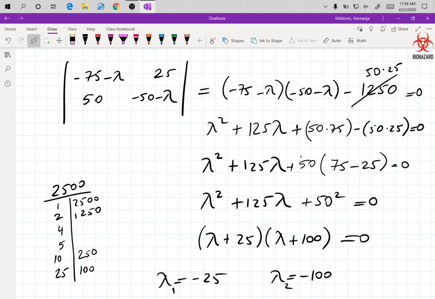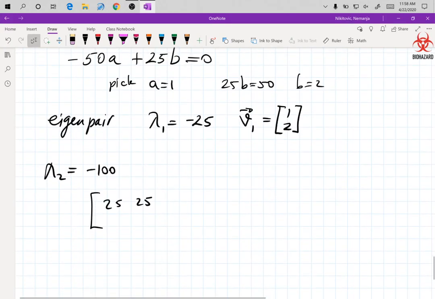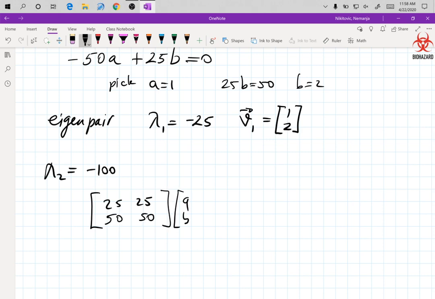When I plug in negative 100, I get 25, 25, and a negative 100, I get 50-50. Okay, 50-50. You see that the system is dependent.